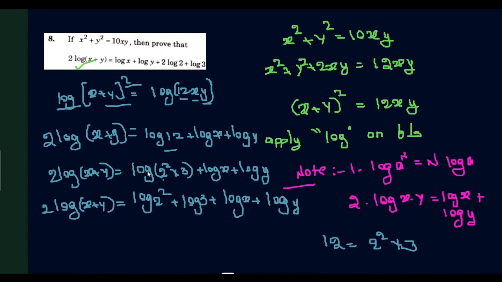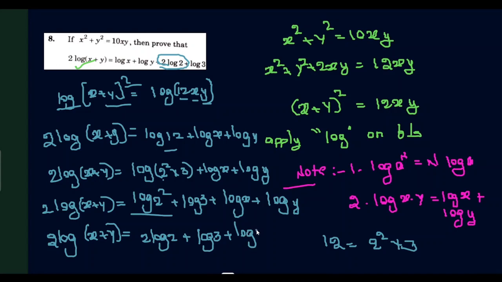Now you may think the answer is over, so I can leave this question. No, but have you looked at this? Here it is log 2 square, and since it is in the form of log a power n, I can write it as 2 log 2. So 2 log x plus y is equal to 2 log 2 plus log 3 plus log x plus log y.